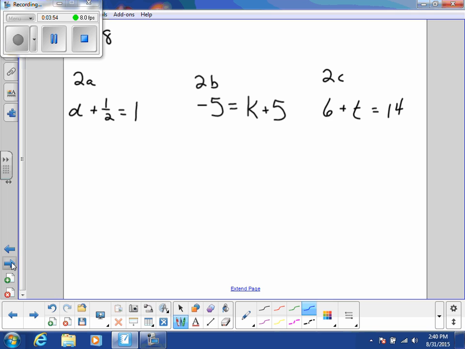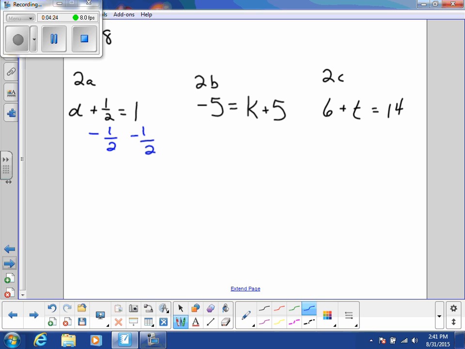All right, compare these three equations to the ones on the other page. On the other page, everything was a variable minus a number. Over here, we have variable plus a number, variable plus a number, number plus a variable, same thing. To get d by itself here, if it's d plus 1/2, I'm going to subtract 1/2 from both sides.